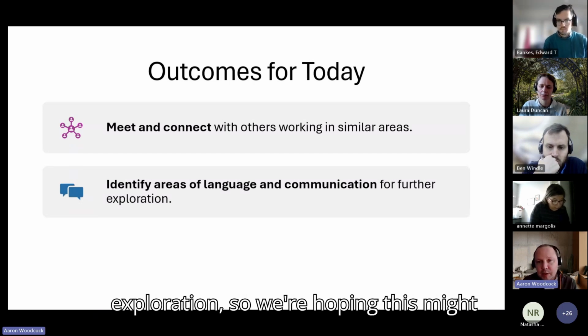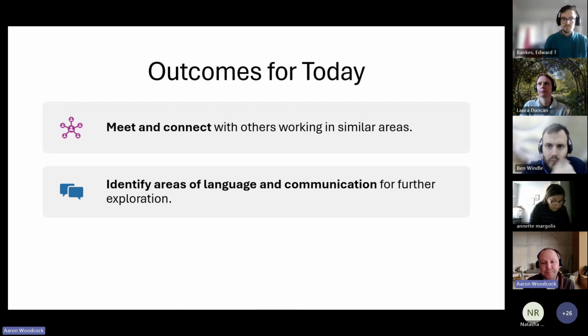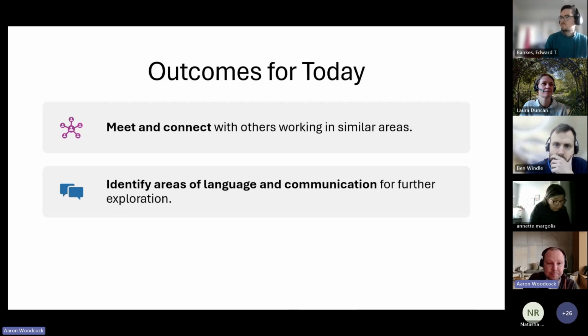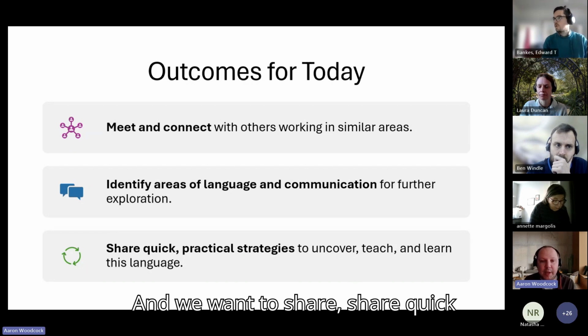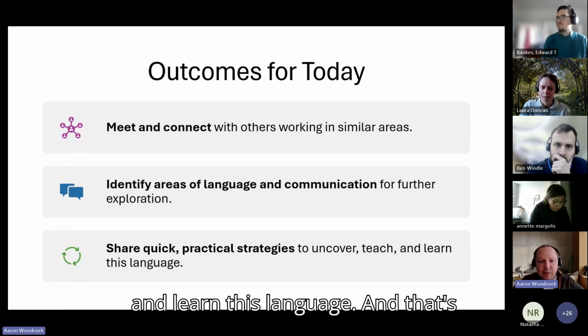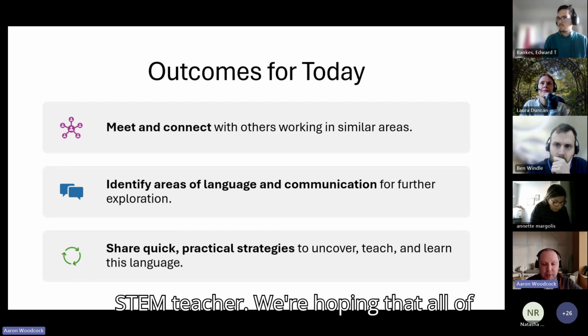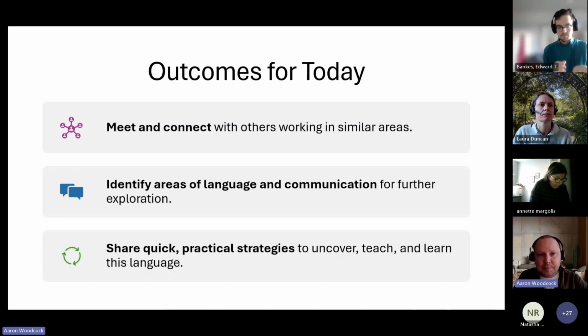So we're hoping this might be the first session of several on this topic, depending on interest and appetite. And we want to share quick practical strategies to uncover, teach and learn this language, whether you're an English teacher or a STEM teacher. We're hoping that all of you get something to take away from this.